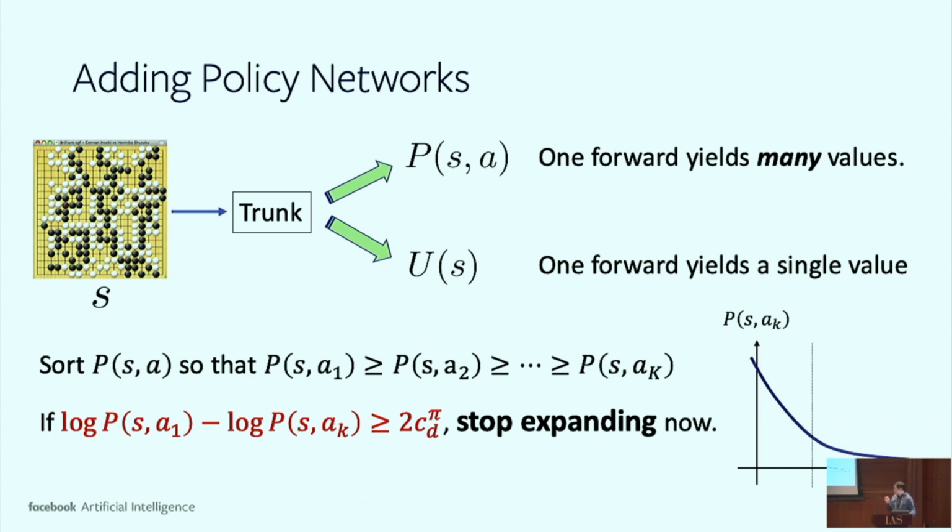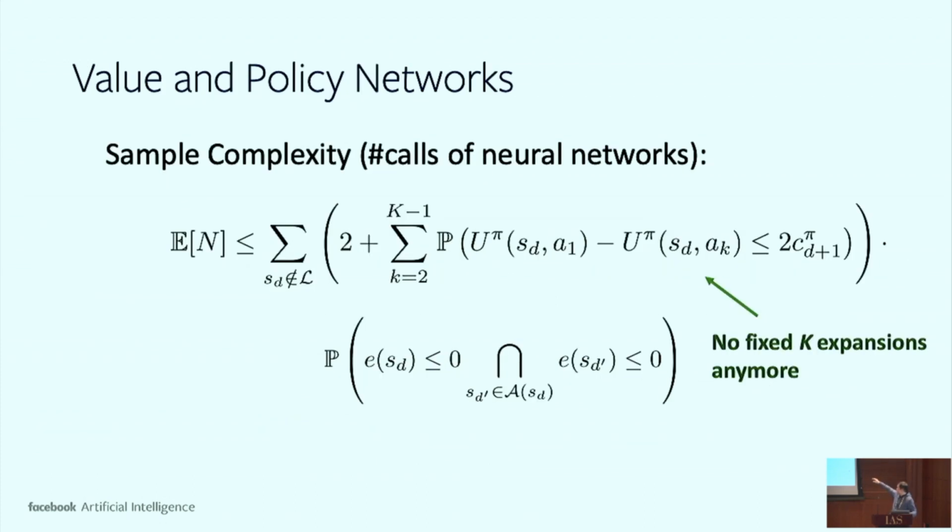Then you check the gap between the first predicted probability and the k-th probability. If there is a sufficiently large gap, then you can start expanding, because you know that after this threshold, the expected value is going to be very small, and that one is not likely to be the right path to explore. Because of that, instead of having the k term at the beginning, you can replace this k term with this complicated formula, which shows that in some cases you can reduce the k exploration.